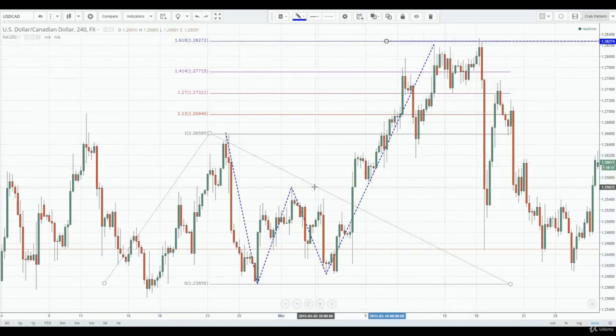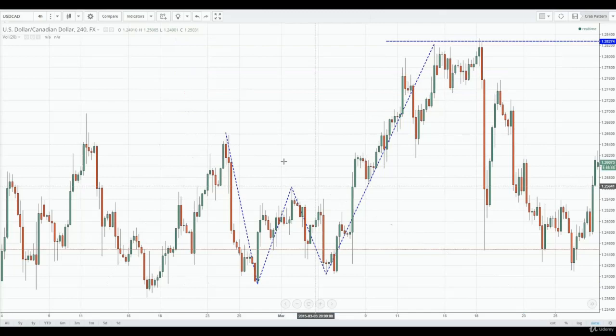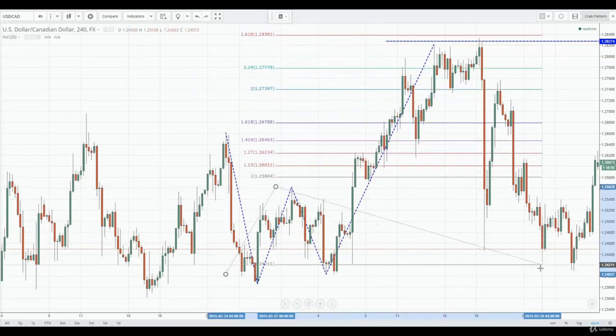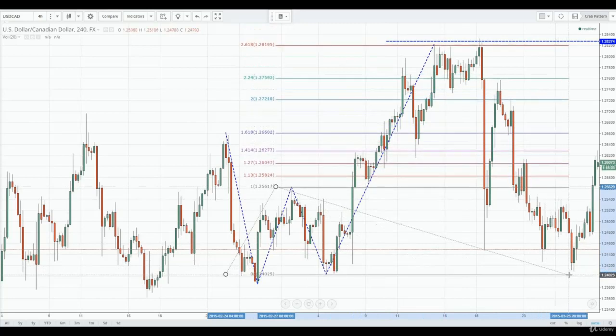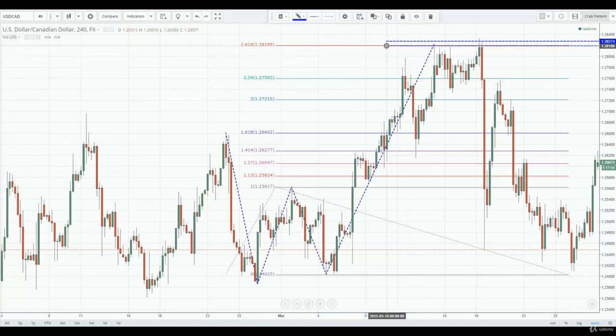And then I can take that off. And then we're going to look for the BC projection here. So we get our BC up and then back down. And then we're looking for a 2.618 up to a 3.618. But you can see the 2.618 comes in perfectly right in this area.